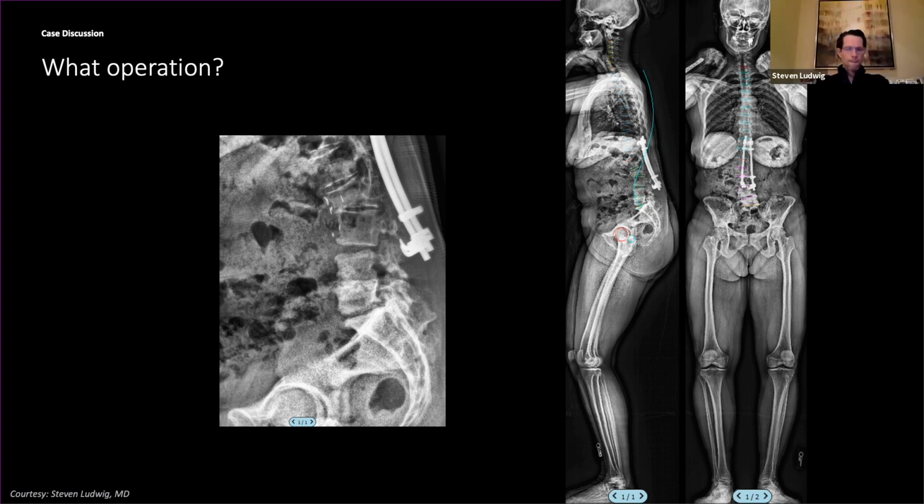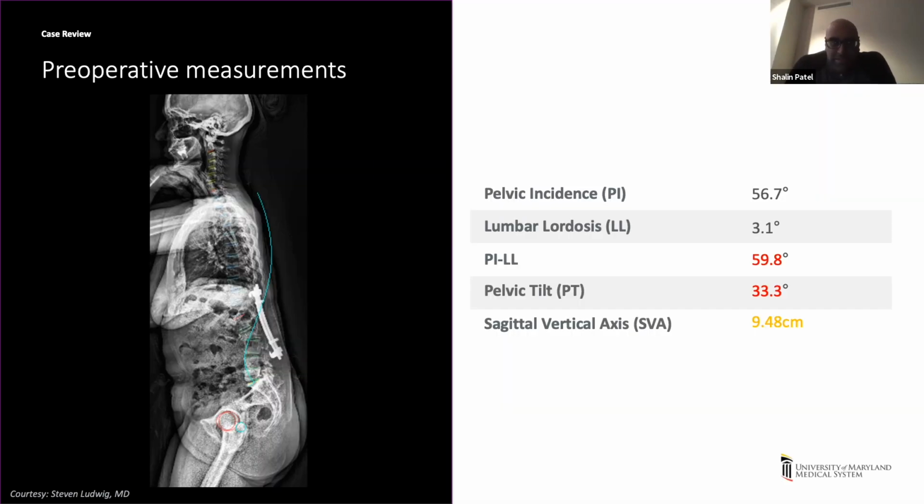First thing that comes to mind is looking at the sagittal balance and the flat back deformity. I'm thinking she might need some sort of corrective osteotomy procedure to install more lordosis focally at maybe the L2, L3 level.